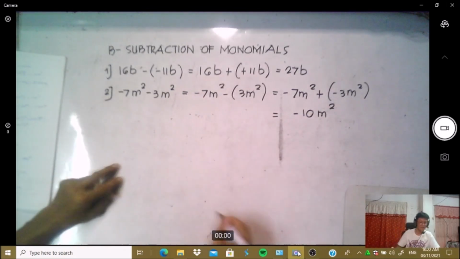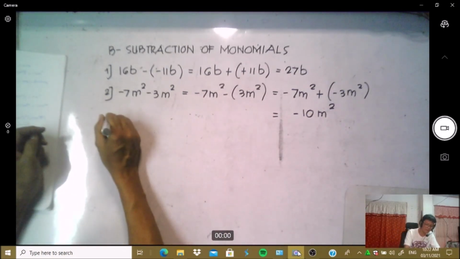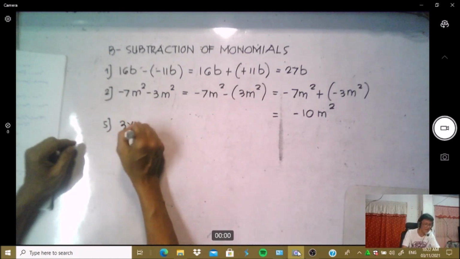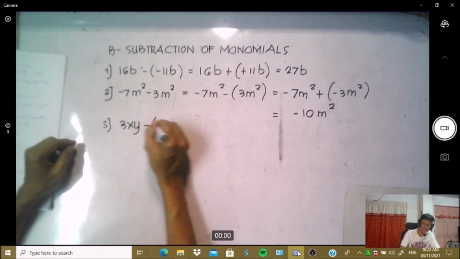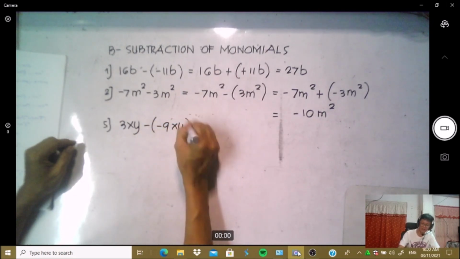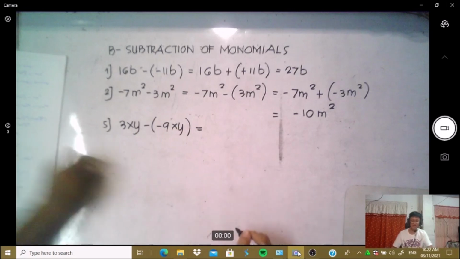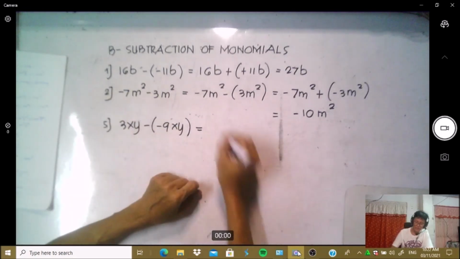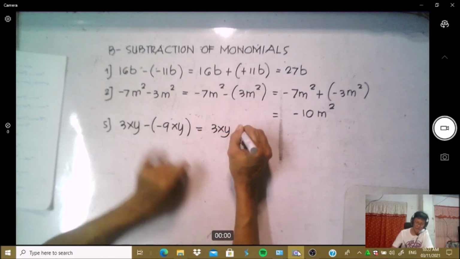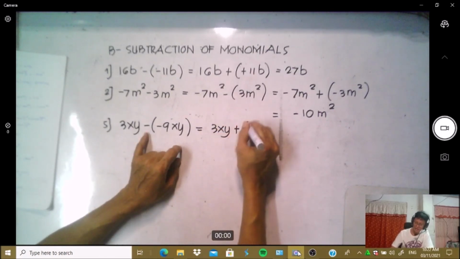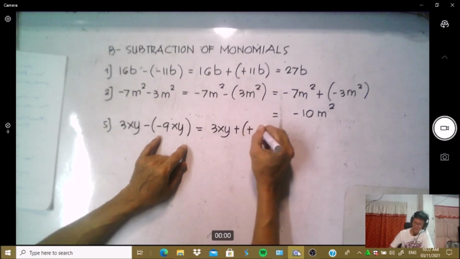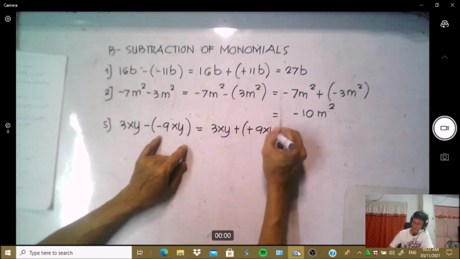Okay. So for number 5, we have 3xy minus negative 9xy. So this is just the same as number 1, so we can do it directly. We have 3xy, change the operation to addition, then change the sign of the subtrahend from negative to positive 9xy.